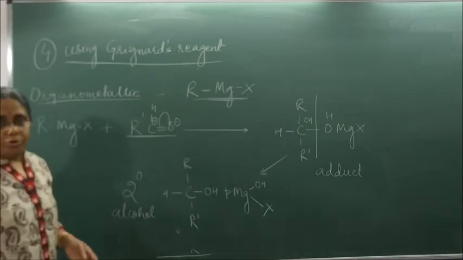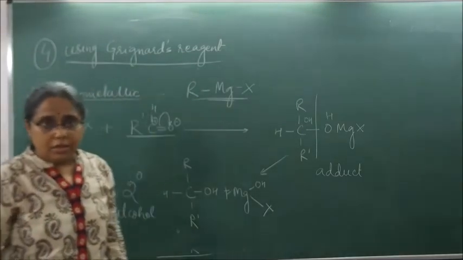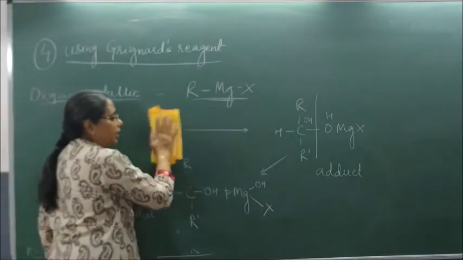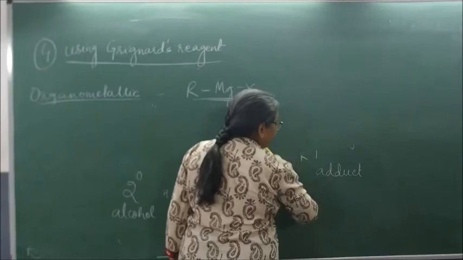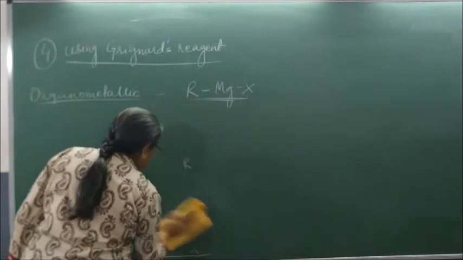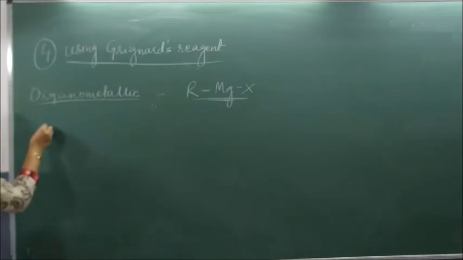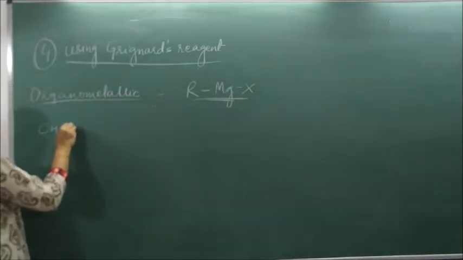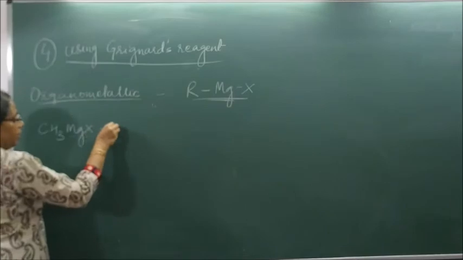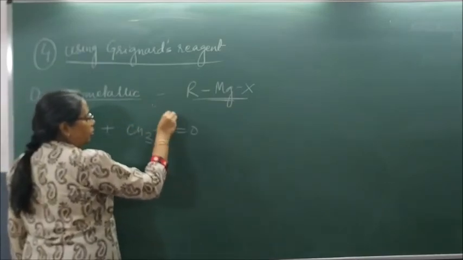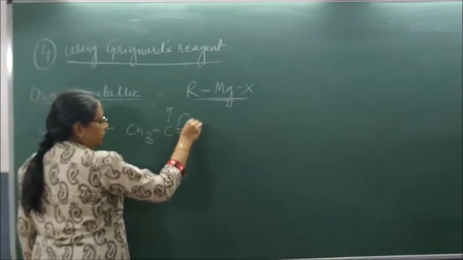Now let us substitute our R's with alkyl groups. I will now substitute my R with an alkyl group and write the same reaction. So we will see what kind of alcohol we get. Let us suppose I write CH3MgX plus I take CH3 C double bond O and H. The double bond shifts.